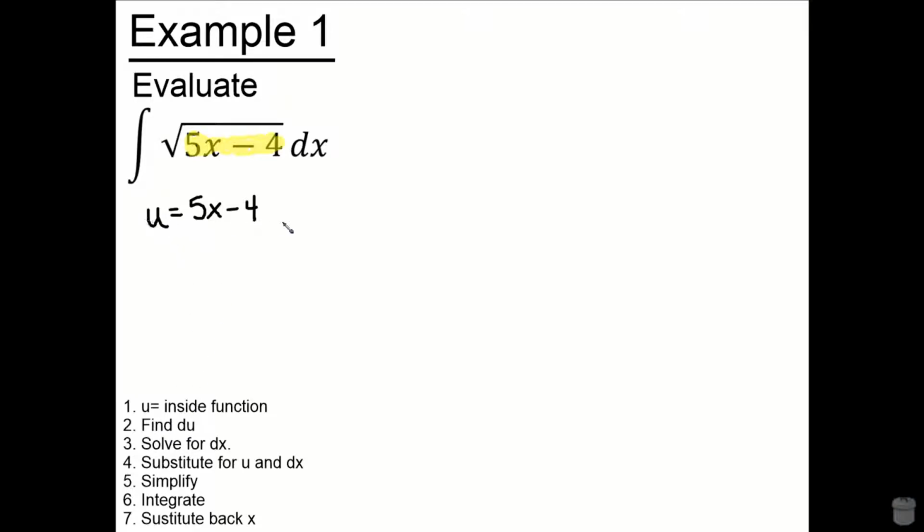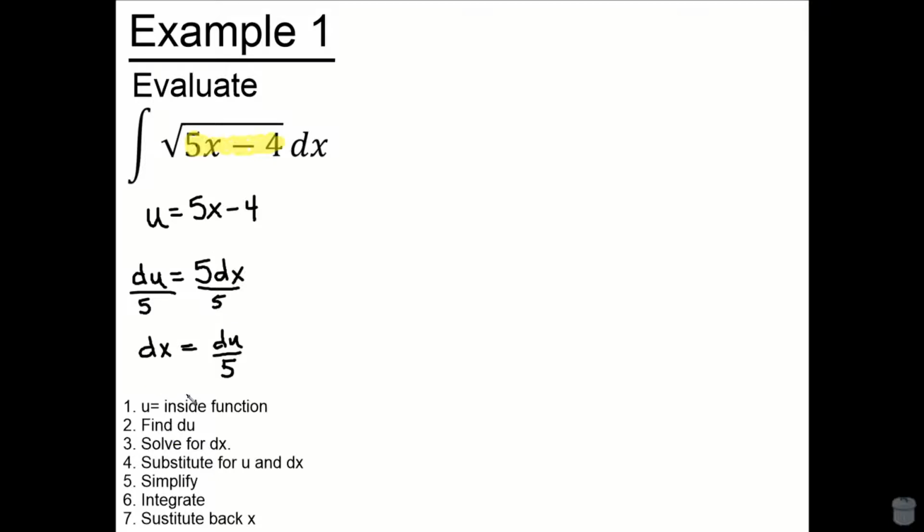In order to find du, I need to take the derivative of this equation. du equals the derivative of 5x minus 4 with respect again to x, which is just 5, and then dx. Again, implicit differentiation. Step 3, solve for dx. In this case, I need to divide both sides by 5. I think that looks better. So we have dx equals du over 5.